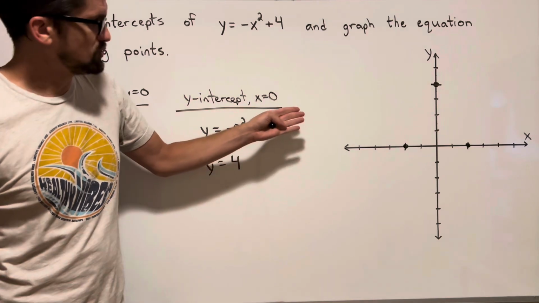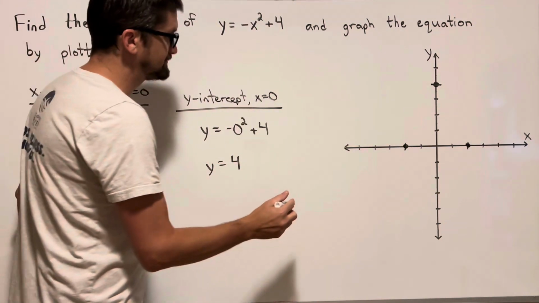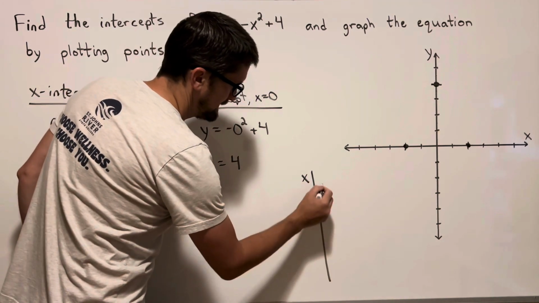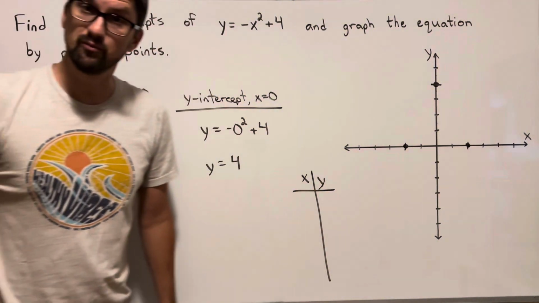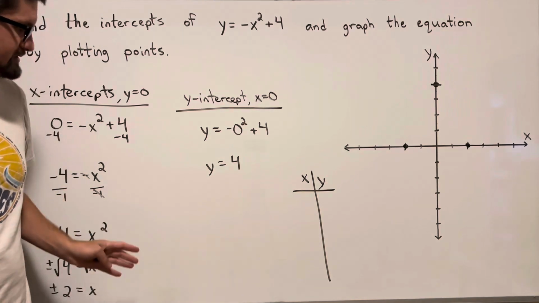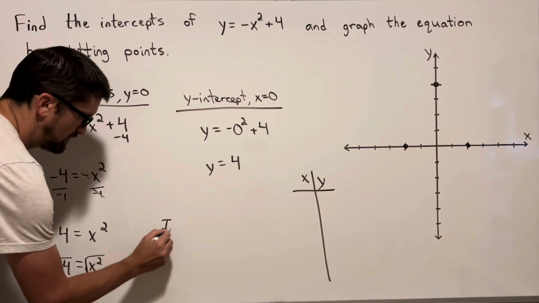All right, so the way this graph looks, we need more points to figure this out. So what we're going to do is make a table and figure out some more points so we get an idea of where this graph is going to be. We found the intercepts. The intercepts we can label right here.